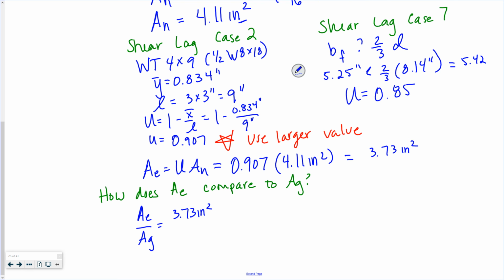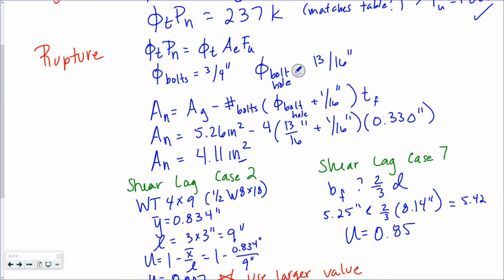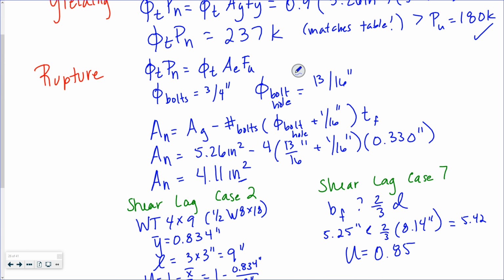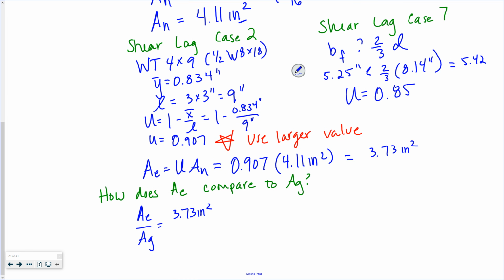My gross area was 5.26. So that's 0.709.